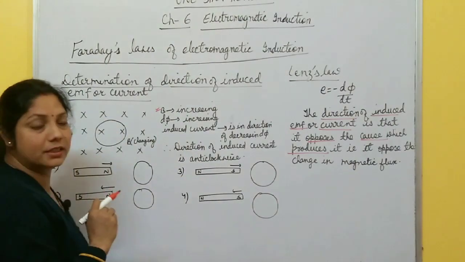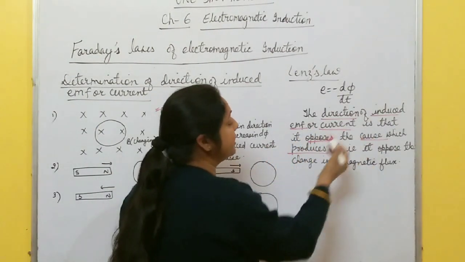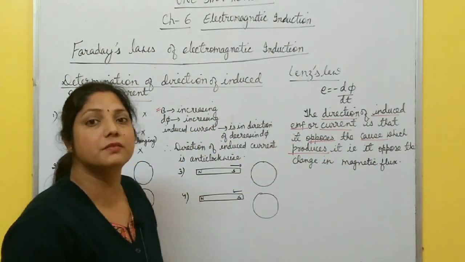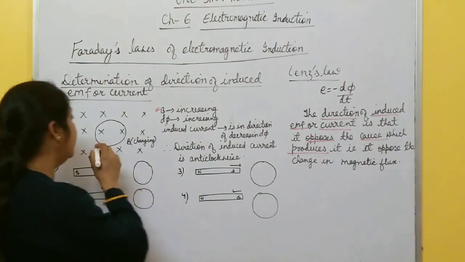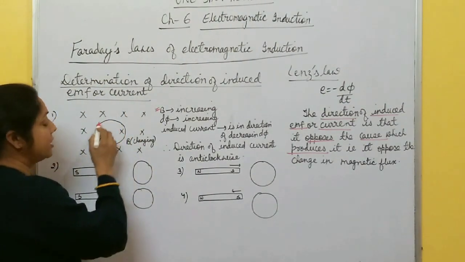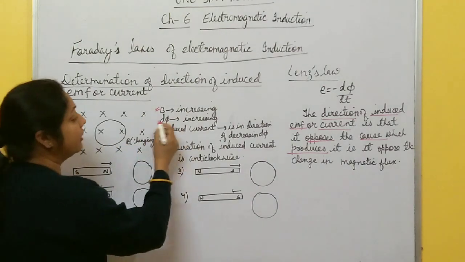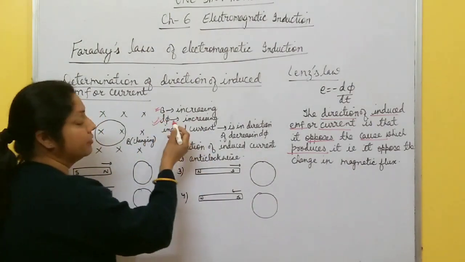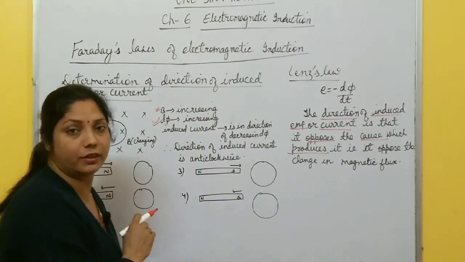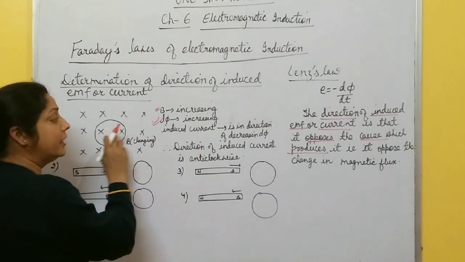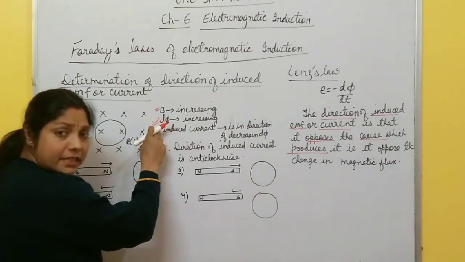According to Lenz's law, the direction of induced current is such that it opposes the cause which produces it. Now here, who produces the induced current? The increase in magnetic flux. So the direction is such that it tries to decrease the magnetic flux.